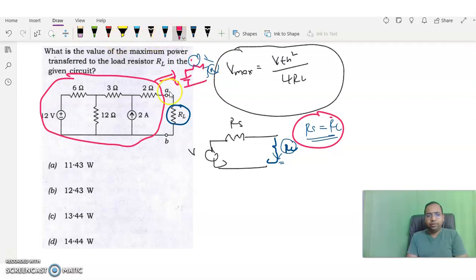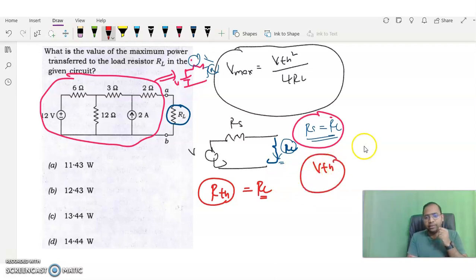So what you need to calculate in this part is the Thevenin's resistance, which will equal RL, and you should also find the Thevenin's voltage, which is VAB. After calculating both, you substitute here, and you will get the maximum power delivered to the load. Got it? So try to find the Thevenin's resistance as well as the Thevenin's voltage.